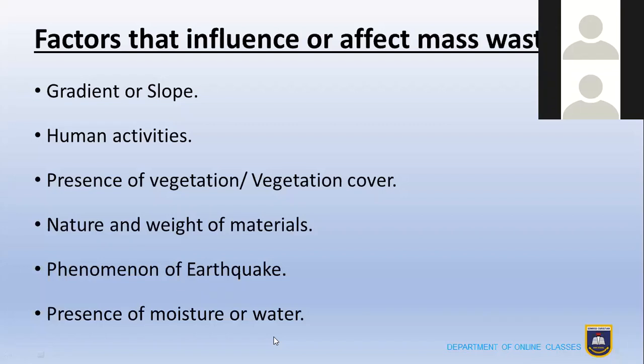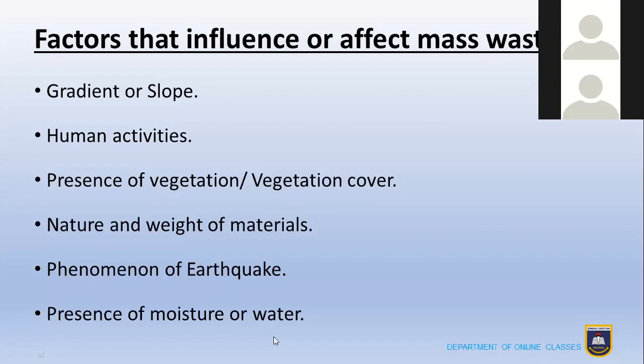Now, the other aspect of this point has to do with the amount of water content in the weathered material. If the water content in the weathered material is high, then we expect this weathered material to move at a faster rate because of the water content.